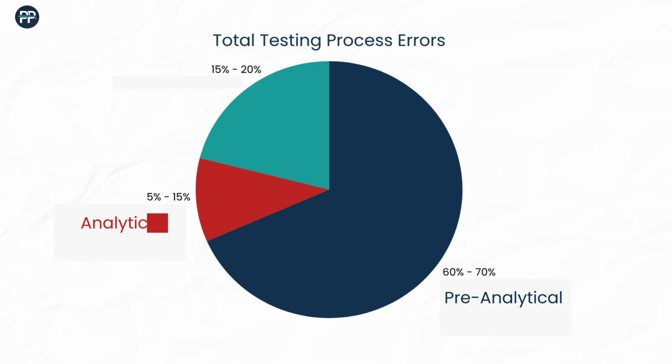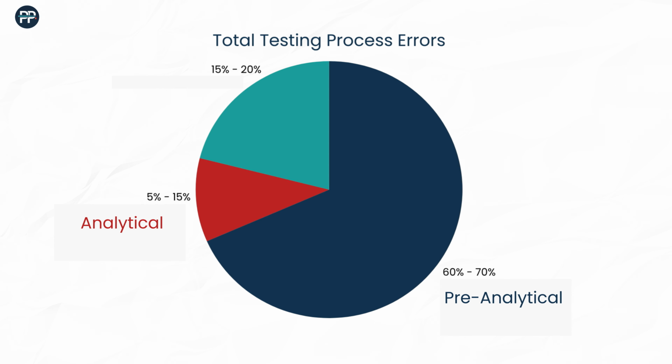The analytical phase, which is the actual testing phase, usually accounts for a much smaller proportion of errors, often around 5 to 15%. This does not mean that the analytical phase is unimportant.